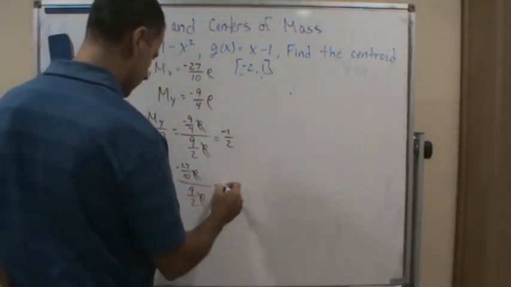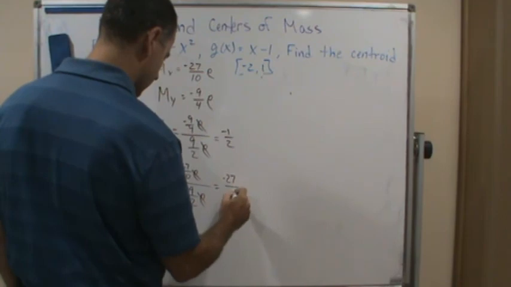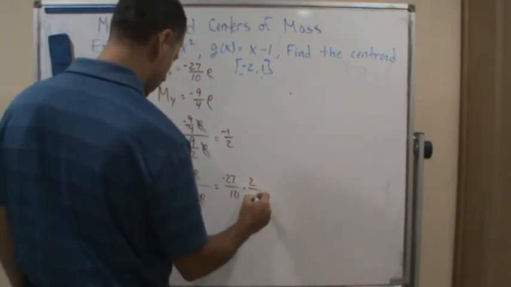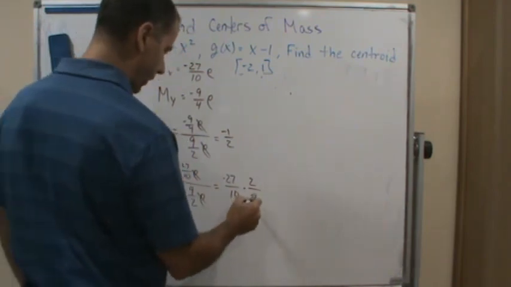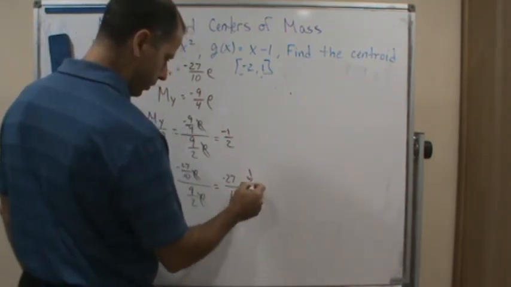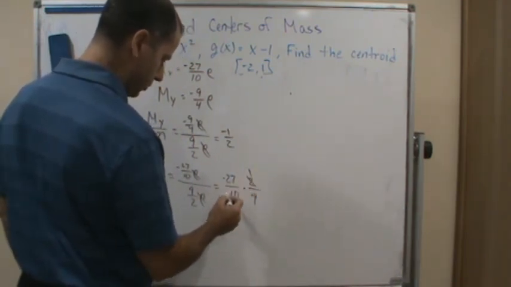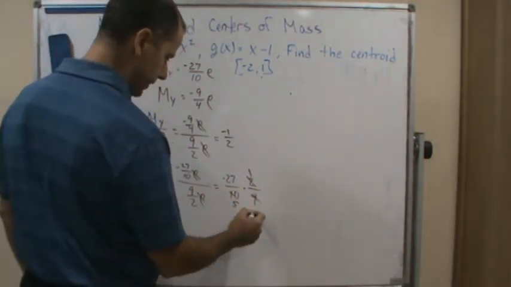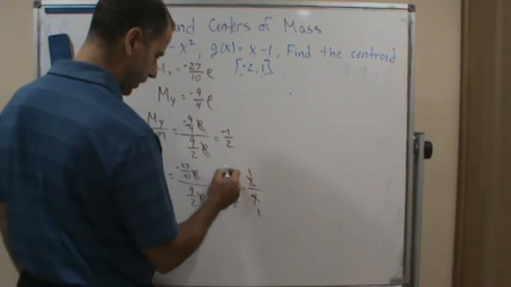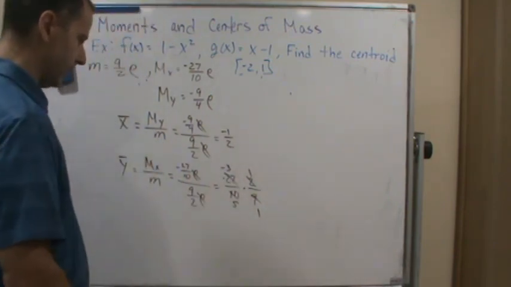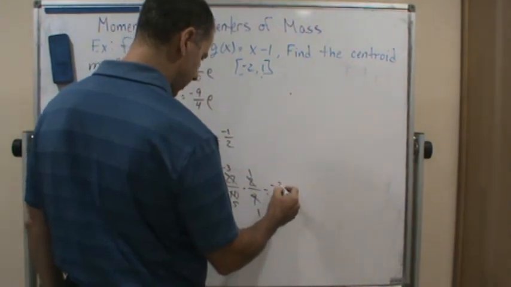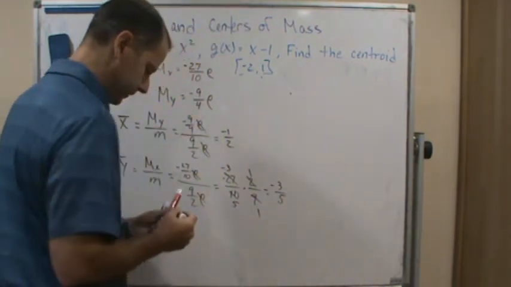This becomes negative 27 over 10 times 2 over 9. Well, the 2 divides 10, so that becomes 1 and 5. The 9 divides 27, so that becomes 9 and negative 3. And so what do we get? We get negative 3/5.